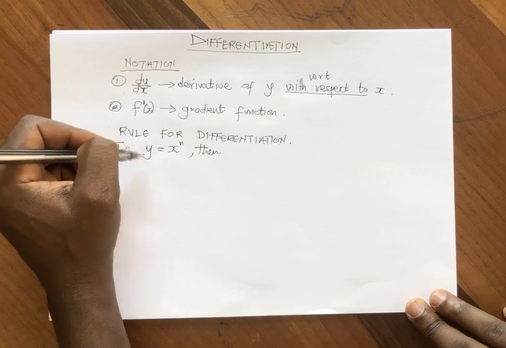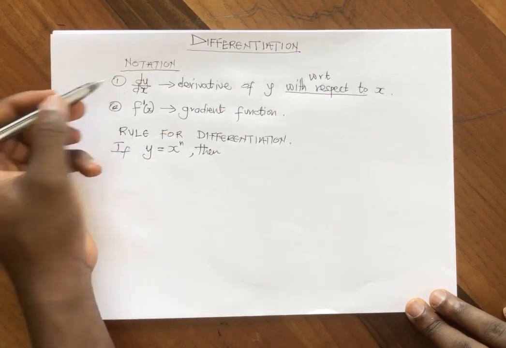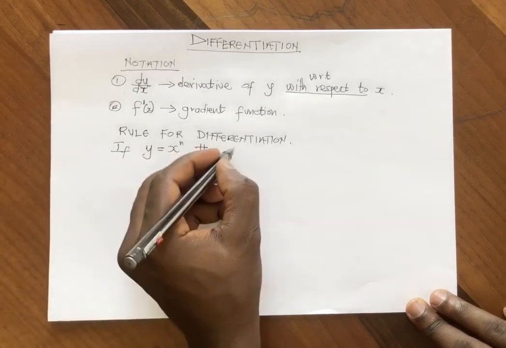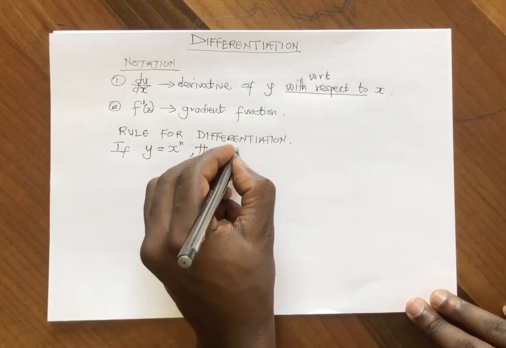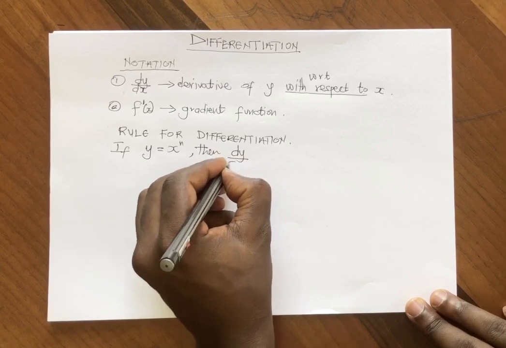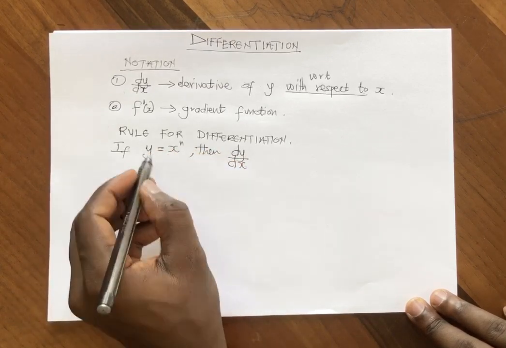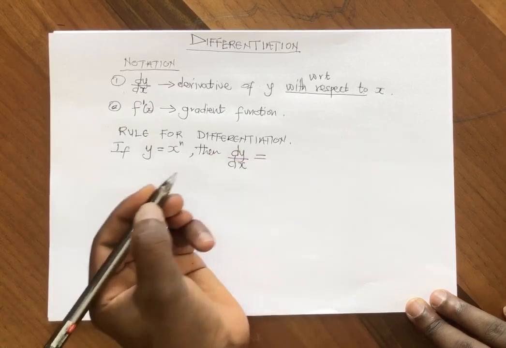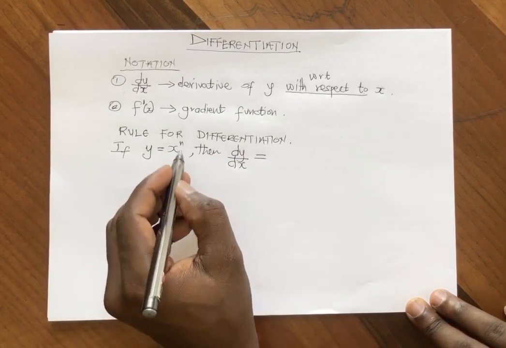But since it starts with y, let's use the first one, which seems less complicated. So you have dy dx. It means you are differentiating the function, is equal to, now this is what you do.